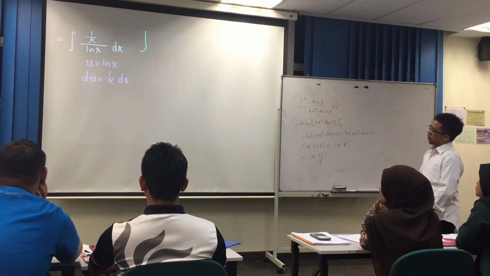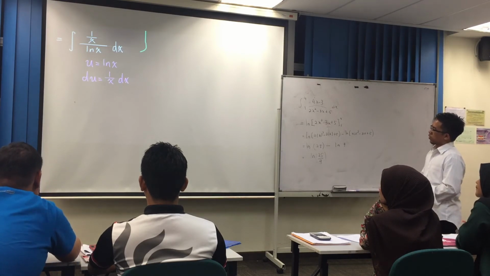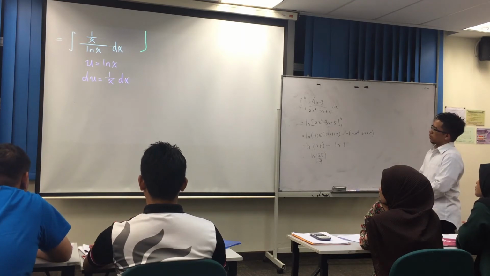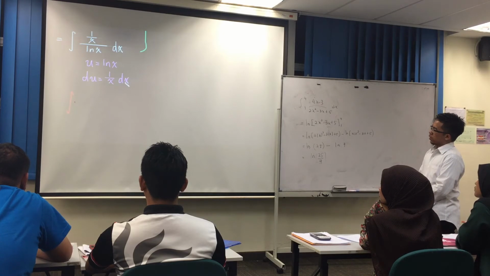And now we can go ahead and proceed, and this is going to be really easy. So we'll have the integral, 1 over x dx, that's going to be du. And then the natural log, that's u. And now we have a very, very simple natural log rule.